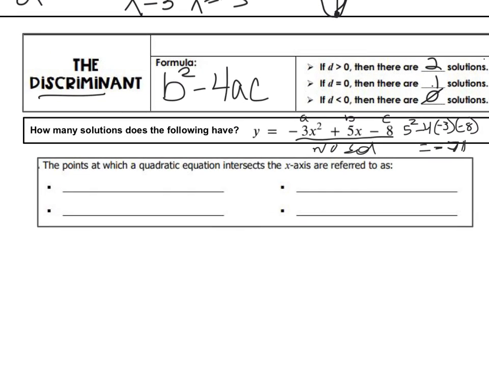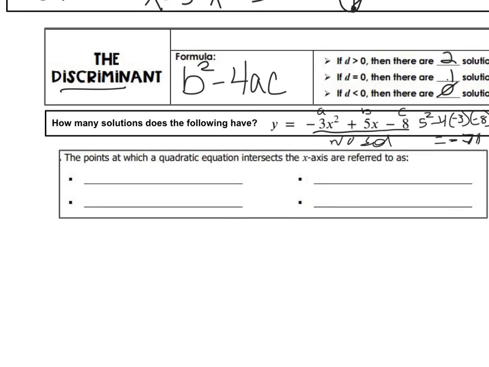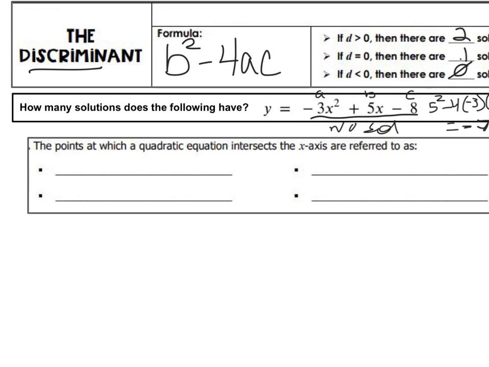Alright, the points at which the quadratic equation intersects the x-axis are referred to as, we have 4 names for it. Well, when you intersect the x-axis, that's an x-intercept, right? If you're graphing it, they also call those the roots.